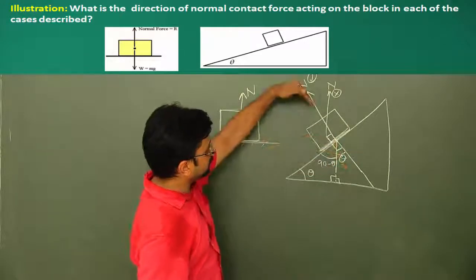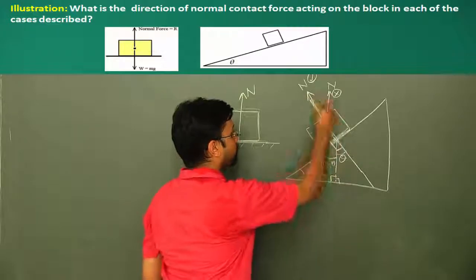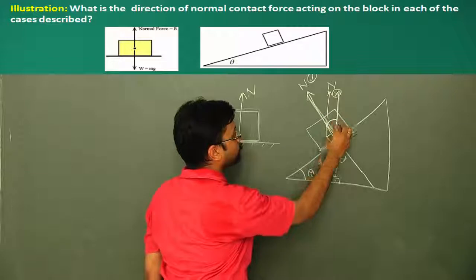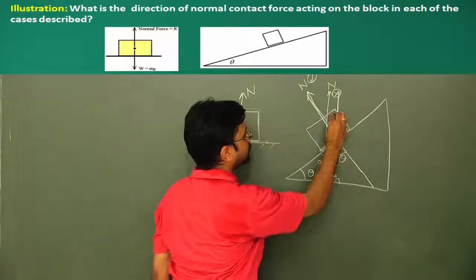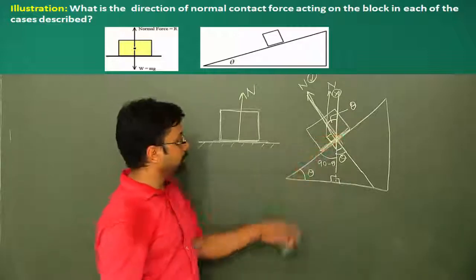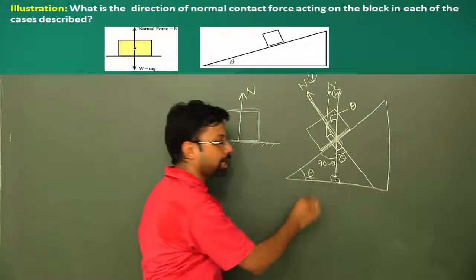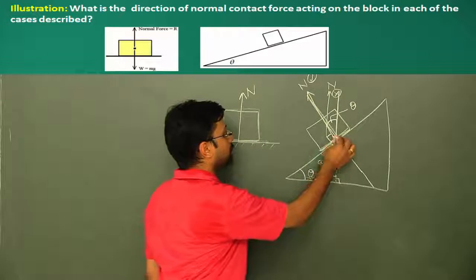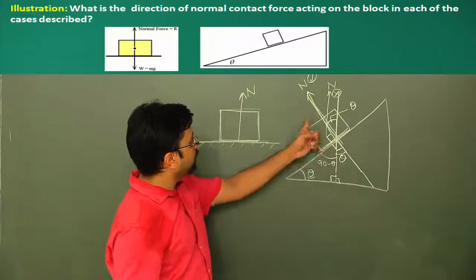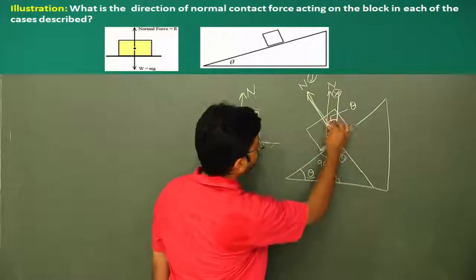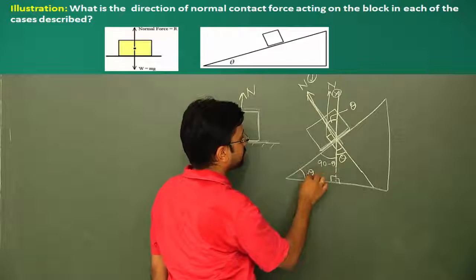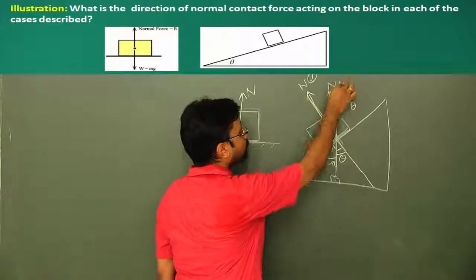So the direction, if you go and check out, the normal reaction is going to make, this is theta, so from vertically opposite angles, this is also going to be theta. So in case of an incline making an angle of theta with the horizontal, the normal contact force for any object kept on it will make an angle of theta, the same as the angle of incline, with the vertical direction.